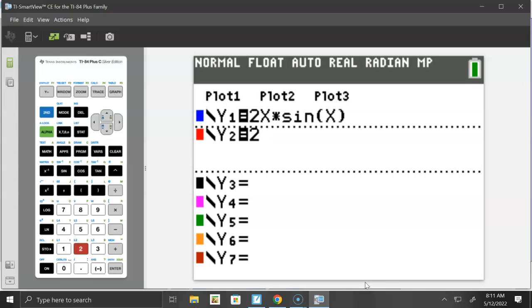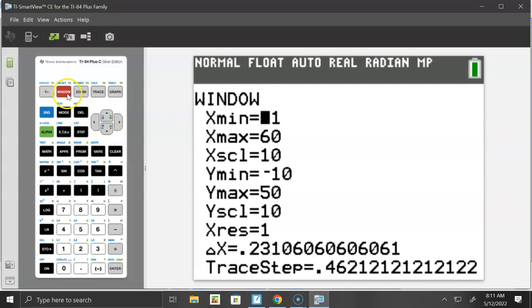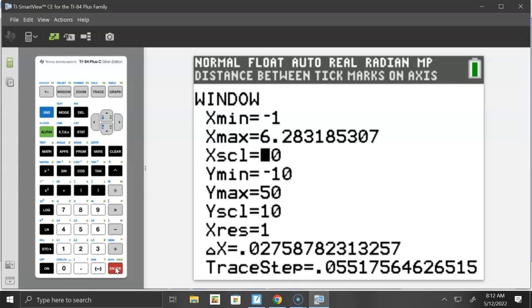All right, so what was that interval we're looking at? So 0 to 2 pi. So we need to change our window. Let's make it -1. You can actually type in 2 pi right here. And then what do we want to change our scale to be?